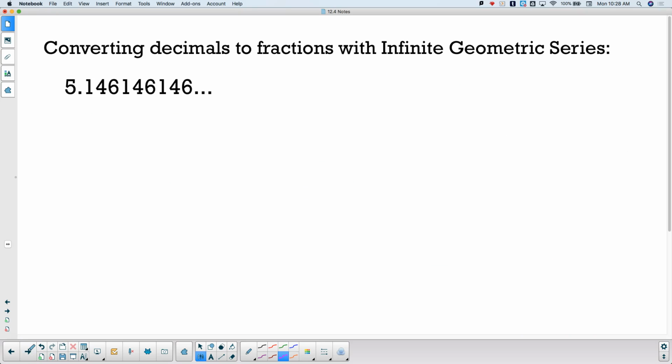So let's try this one now. This one's a little different because it's got the 5 out in front, and then there's a repeating decimal. So I'm going to take that 5 and set it aside for right now.